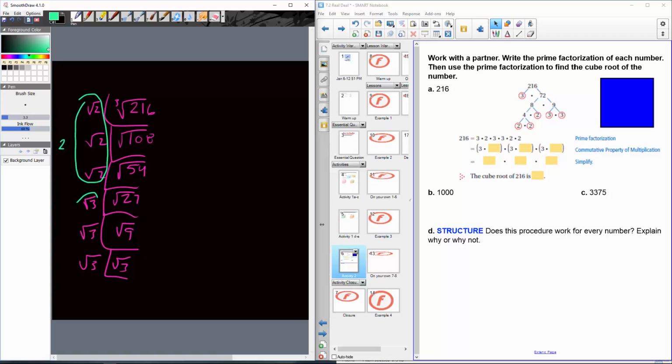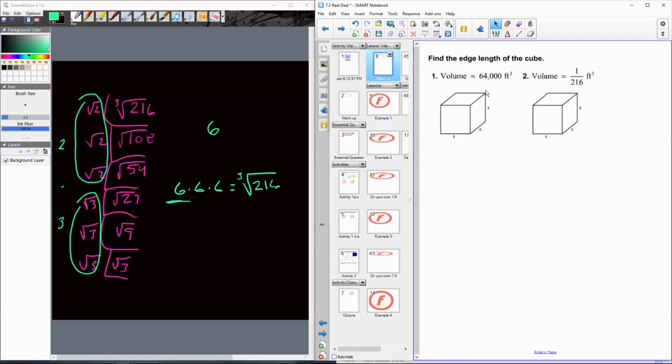And then 1, 2, and 3, that will just equal a 3. So if I multiply these, 2 times 3 equals 6. And if I take 6 times 6 times 6, I get 216. So the cube root of 216 is 6.